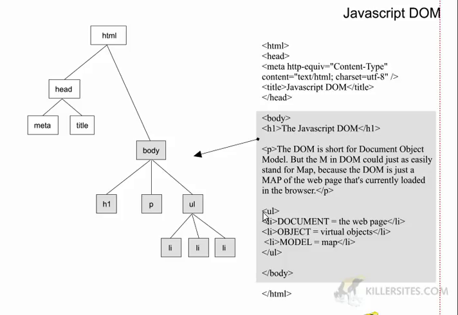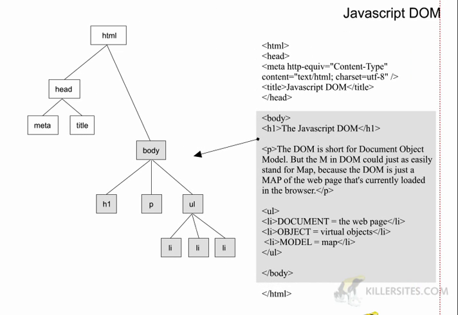And here we have our ordered list. You notice in between the ordered list tags, you have the list item tags. And again, it's represented here in this DOM hierarchy map. You see we have our ordered list and our individual list item tags as well.